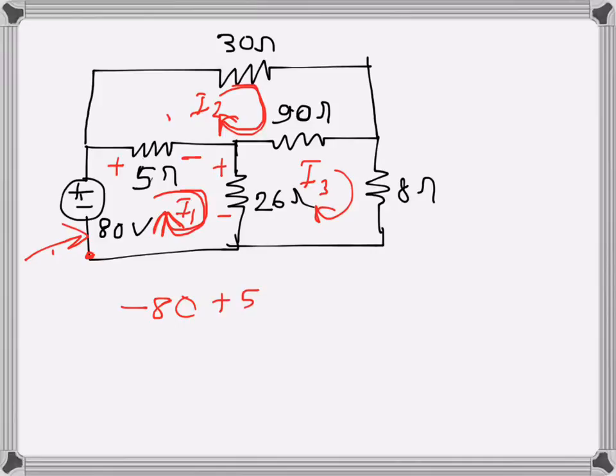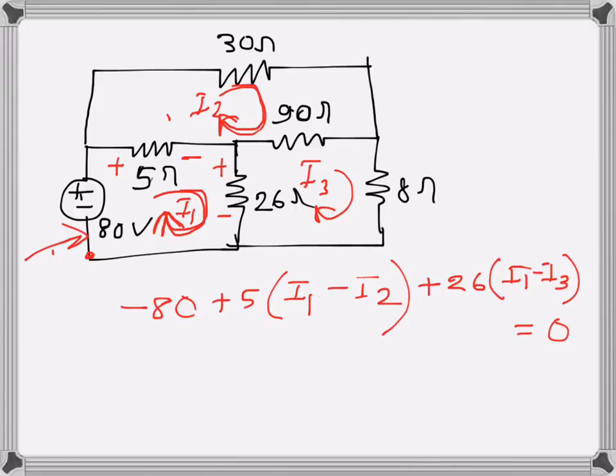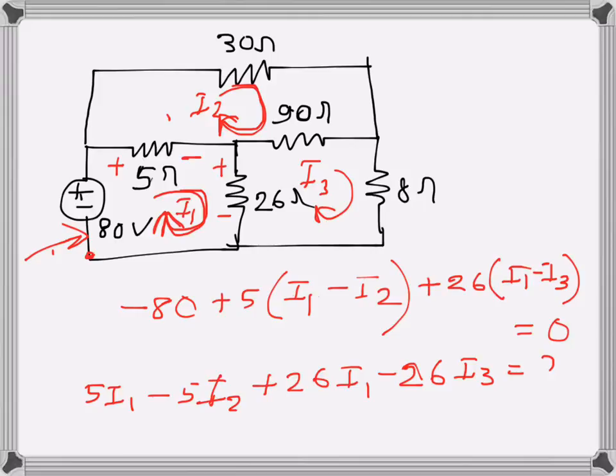Then I have 5(I1 minus I2), then for the 26 ohm, 26 times (I1 minus I3), equal to 0. If I rearrange, it becomes 5I1 minus 5I2, plus 26I1 minus 26I3, and on the right-hand side the source voltage rise.